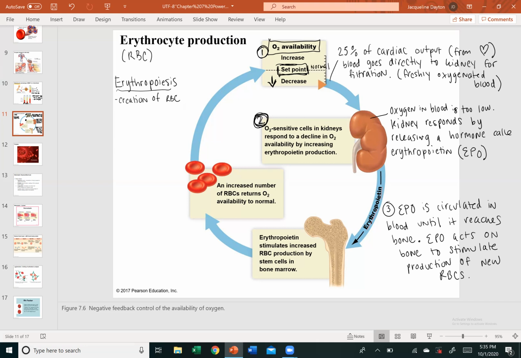Inside of the bone, it is the red bone marrow. You have yellow and you have red bone marrow. It is the red bone marrow that is responsible for creating new red blood cells.